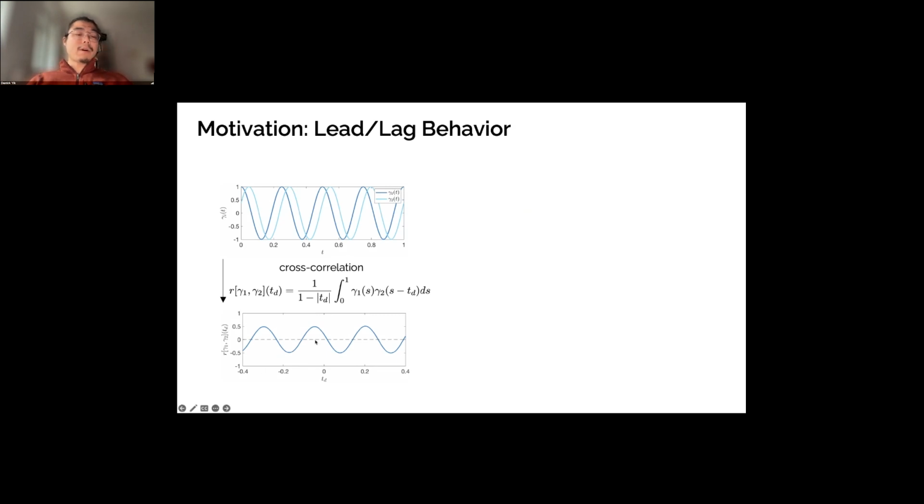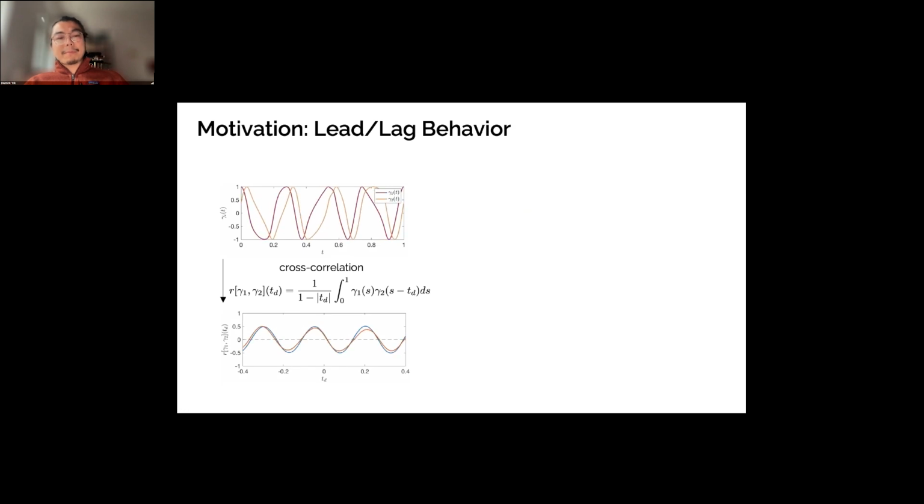So by looking at the cross-correlation, what we can see is that there are certain peaks that arise, and the existence of these peaks gives us some idea that there is some sort of lead-lag behavior going on, and in particular there's some time delay between these 2 signals. However, one downside to cross-correlation is that it's dependent on the parametrization of these time series.